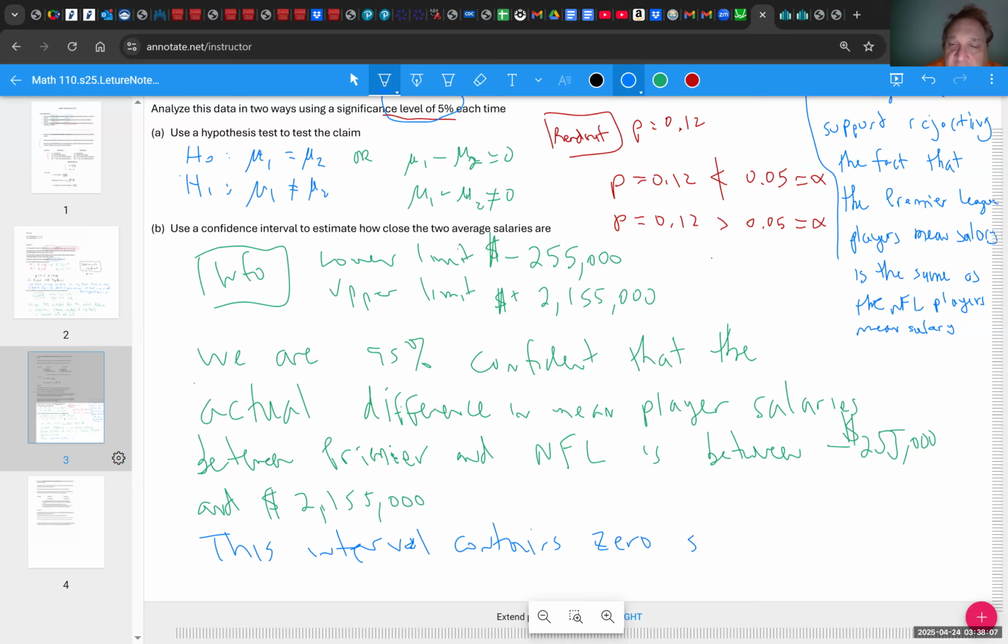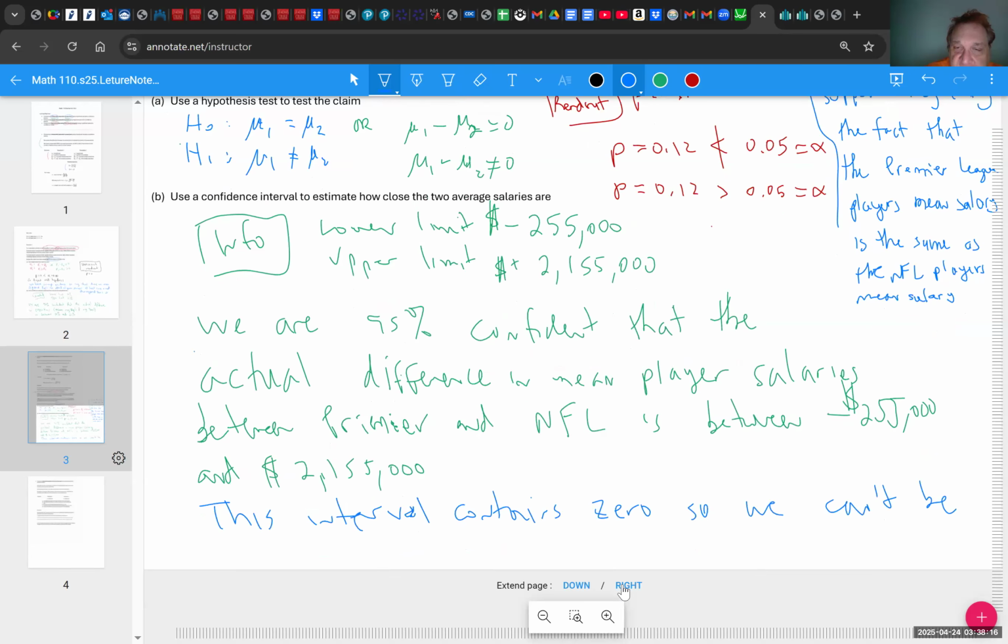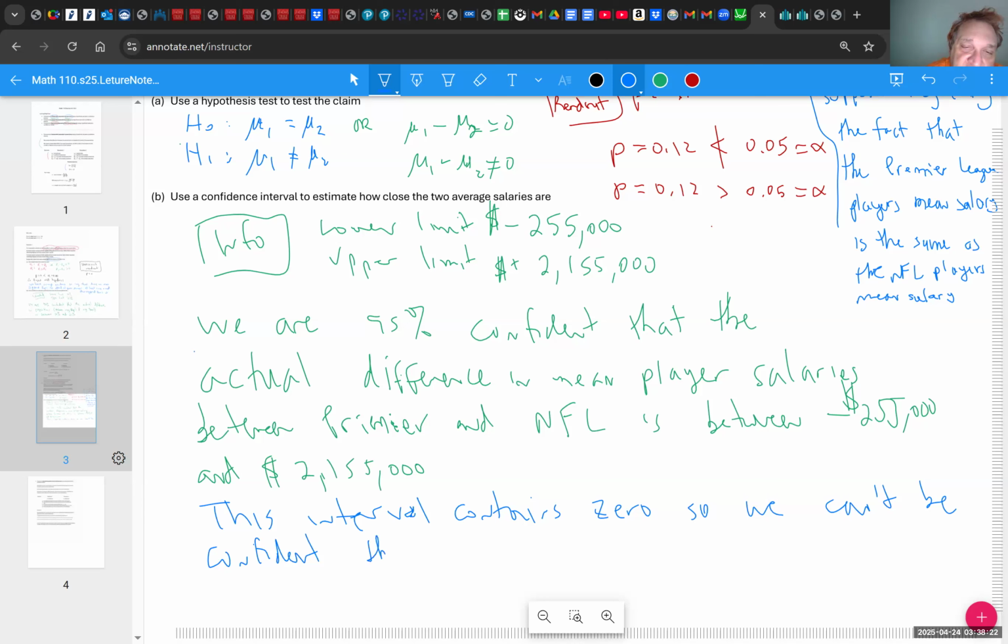So we can't be confident that either population's mean salary is larger.